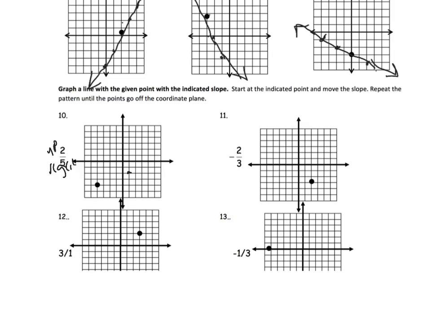And continue the pattern. In example number 11, you have a negative slope. So you're going to go down 2 and right 3. And then you just continue the pattern.